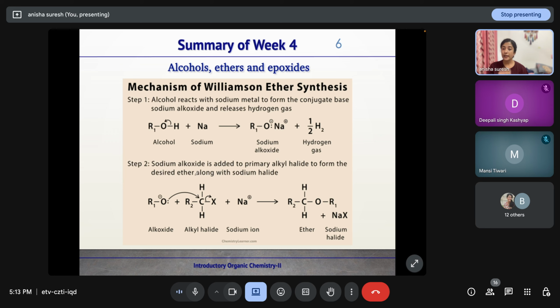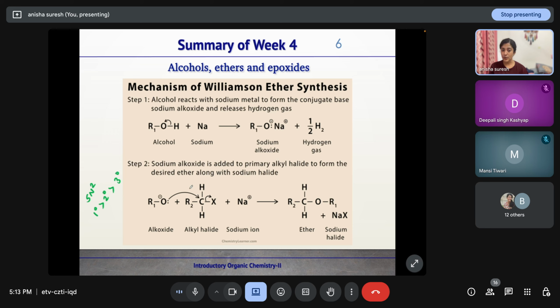Now the sodium alkoxide can react with alkyl halides, preferably primary or secondary, because the reaction takes place by an SN2 mechanism. For SN2 reactions, the trend is primary more reactive than secondary than tertiary, so preferably it should be a primary alkyl halide.